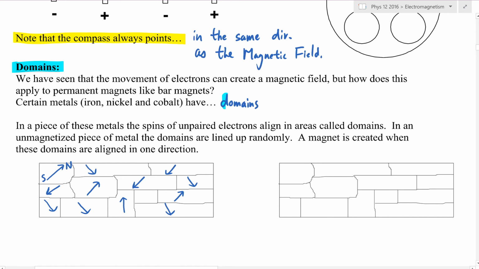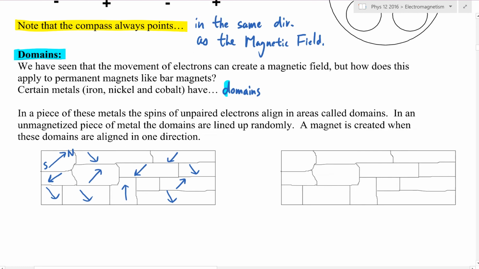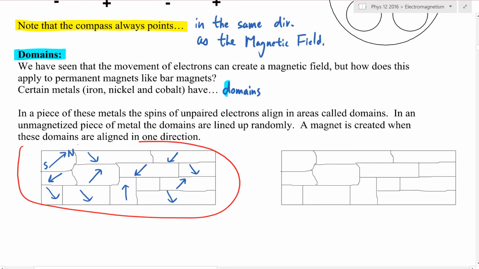On the other hand, we could charge up a piece of metal so that we force the electrons to all align and spin in the same direction. Another thing we can do is put this unmagnetized piece of metal next to something that is strongly magnetized. For example, we mine some neodymium alloy.